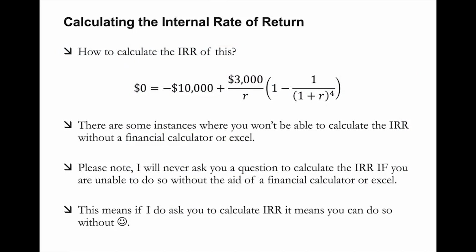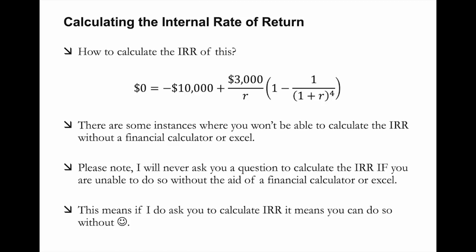So please note that when it comes to calculating the internal rate of return, there are many situations where you would need a financial calculator or something like Excel or the use of excessive trial and error to calculate the answer. So for example, if you were to look at this equation here, if we set the NPV equal to 0 and I asked you, well, calculate the interest rate or R, you're going to have a tough time doing that without a financial calculator or Excel or excessive amounts of trial and error.